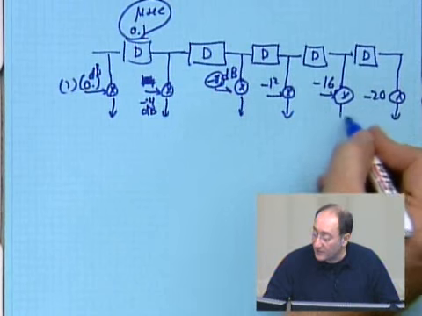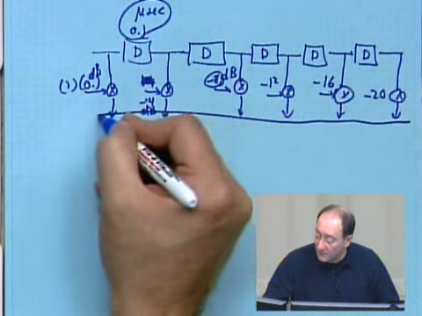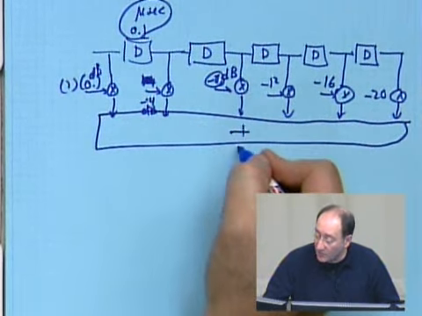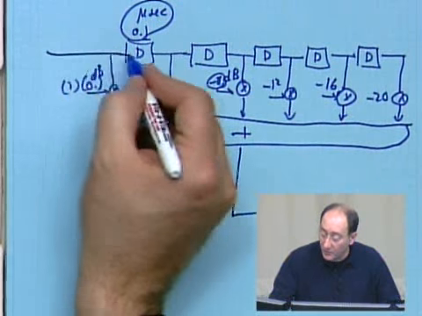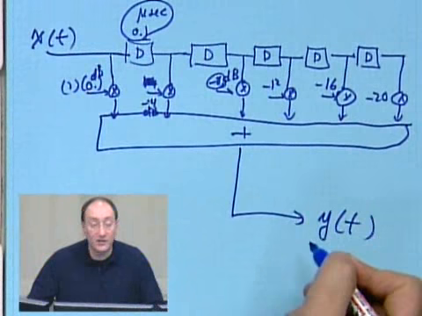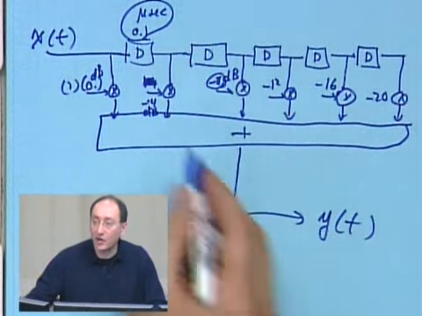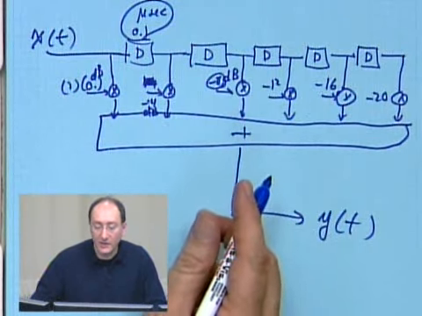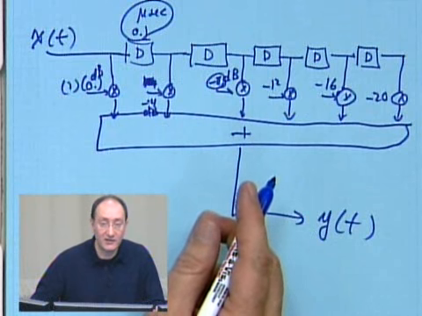And I take all of these things, I add them up, and this is my output. So input comes in here, x of t, and this is my y of t, which is the output. This is the hardware implementation of the JTC model with 6 taps.